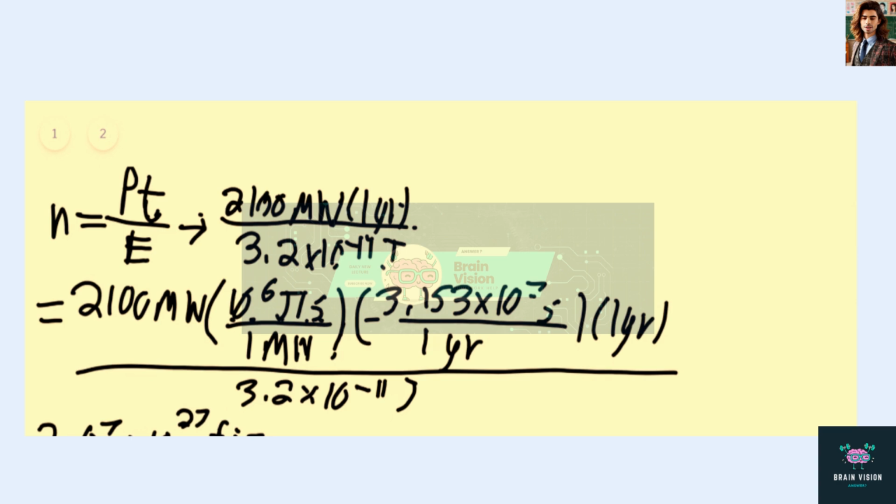So to put this into a more familiar form, the required number of nuclei for 1 year is that 2.07 times 10 to the 27th. And then we have the mass of uranium-235, which is 4.0 times 10 to the minus 25th kilograms per fission. We can find the total mass required.